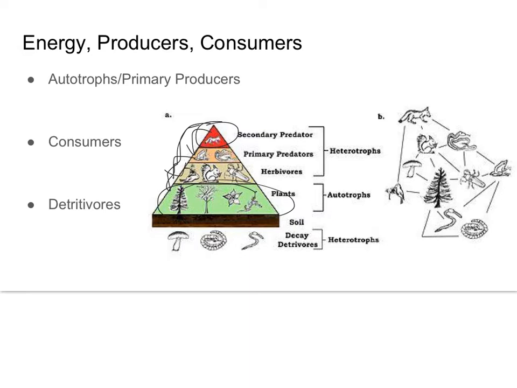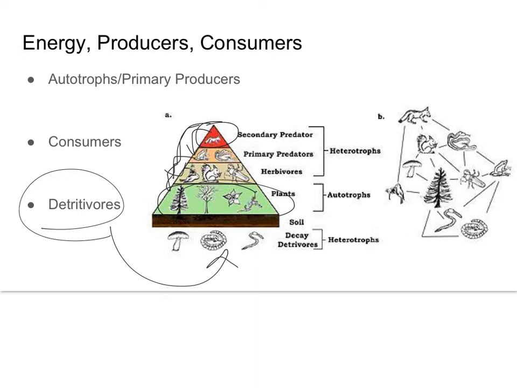One thing we've touched on, but haven't really talked about in depth, is the idea of detritivores. These are things that decay dead material, things like worms, mushrooms, and bacteria that live in the soil.